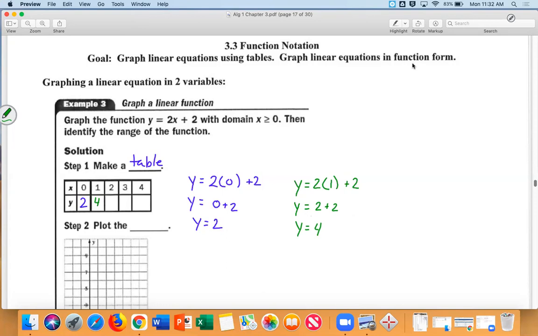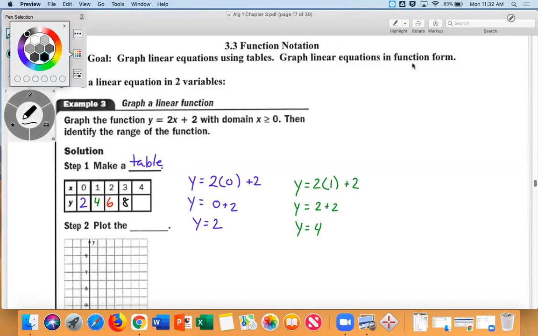You can multiply numbers in your head a little bit. Couldn't we do 2 times 2 is 4, plus 2 is 6? See that? 2 times 3 is 6, plus 2 is 8. 2 times 4 is 8, plus 2 is 10.